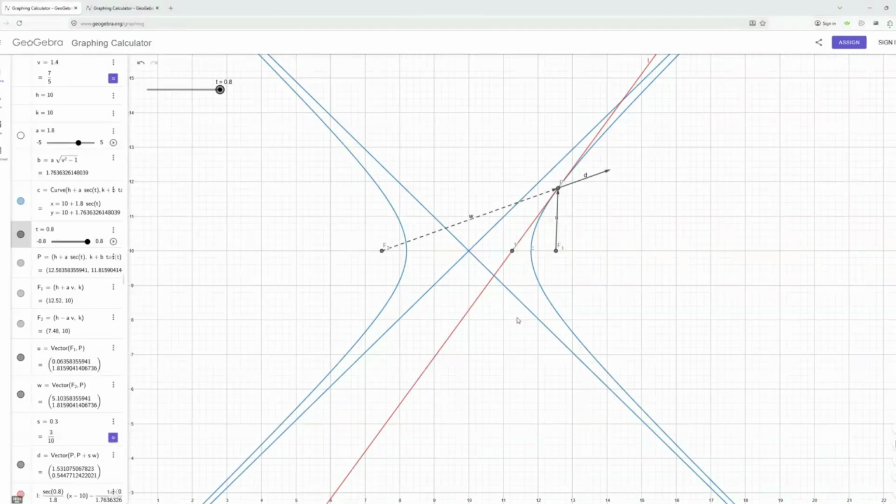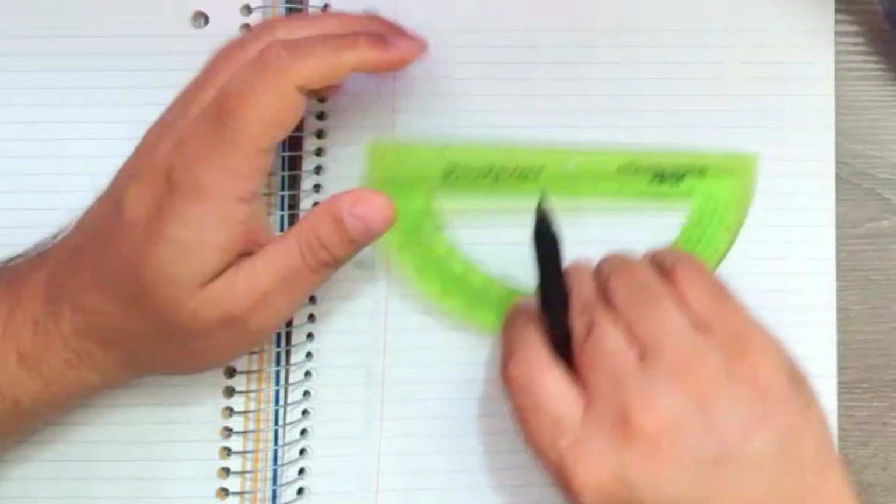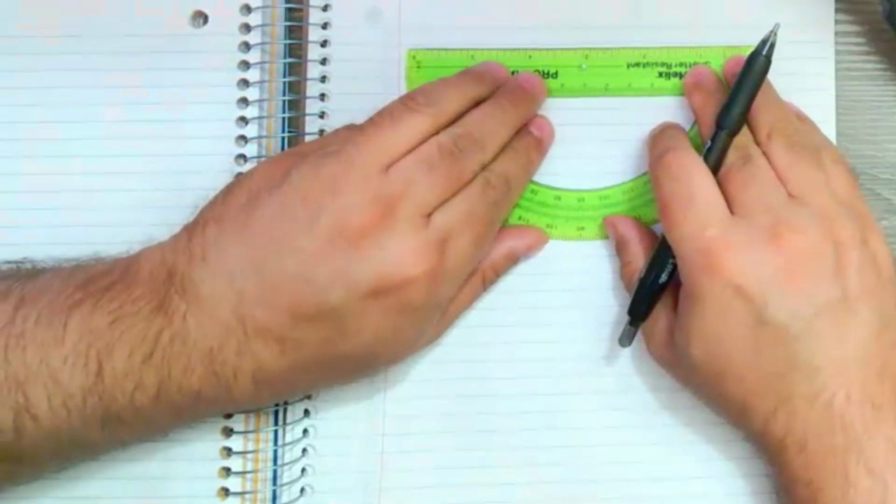And so we will prove the internal reflection property of a hyperbola by showing that the angle that the incident ray makes with respect to the tangent is the same as the angle that the reflected ray makes with respect to the tangent. Okay, so let's sketch a hyperbola.